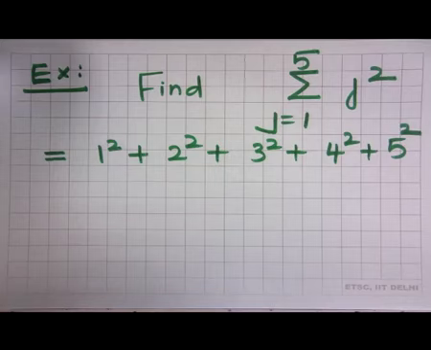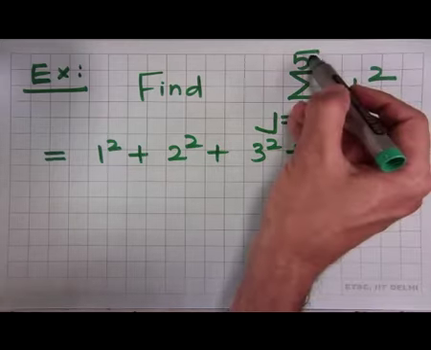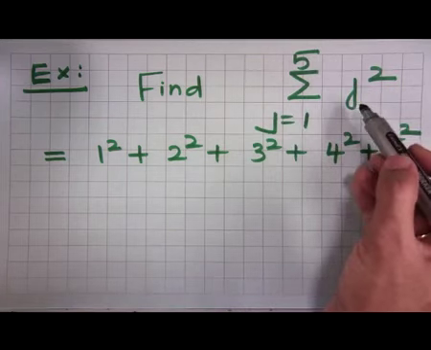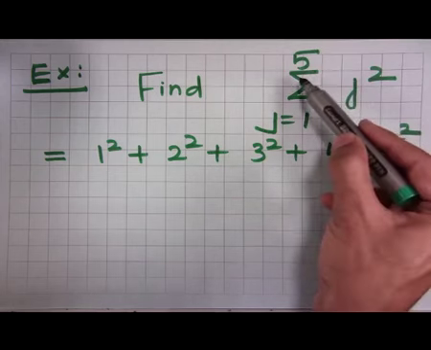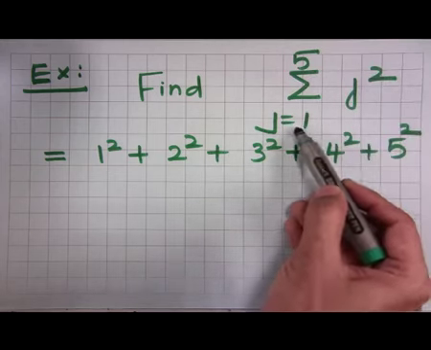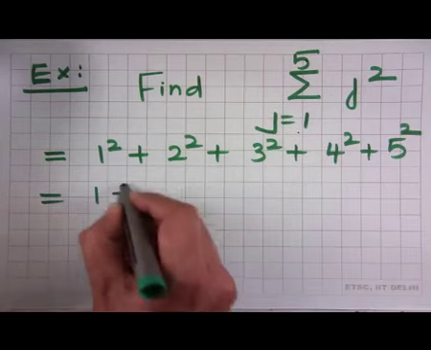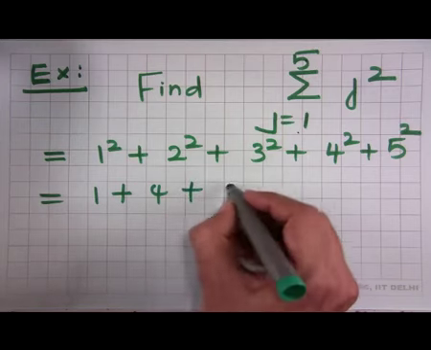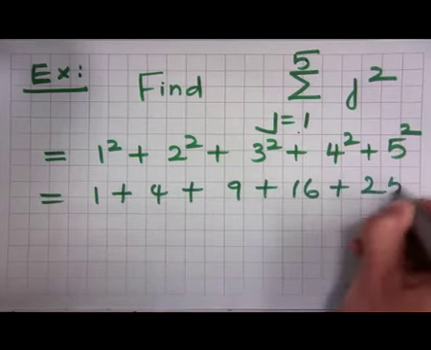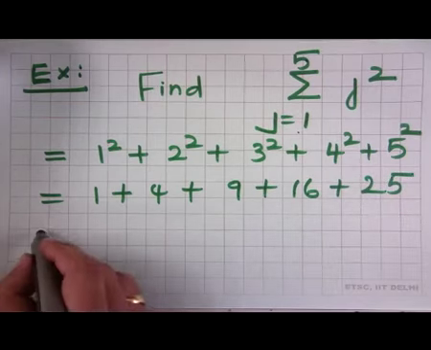Do you see it? 1 is the lower limit, 5 is the upper limit, the index is j, and you are finding the sum of j square, j from 1 to 5. And this is 1 plus 4 plus 9 plus 16 plus 25, which is 55.